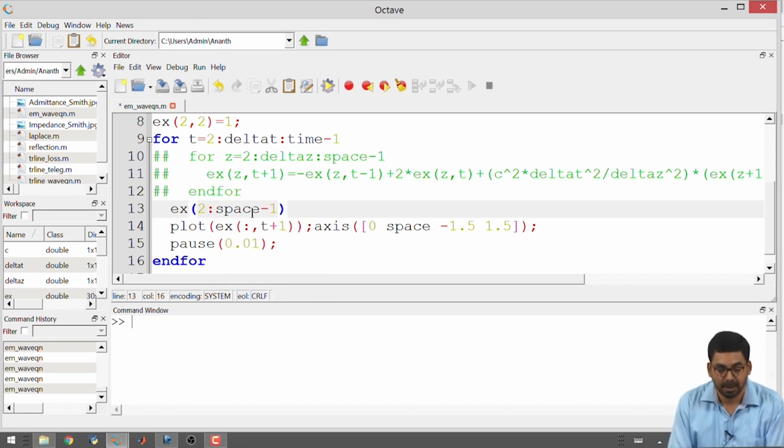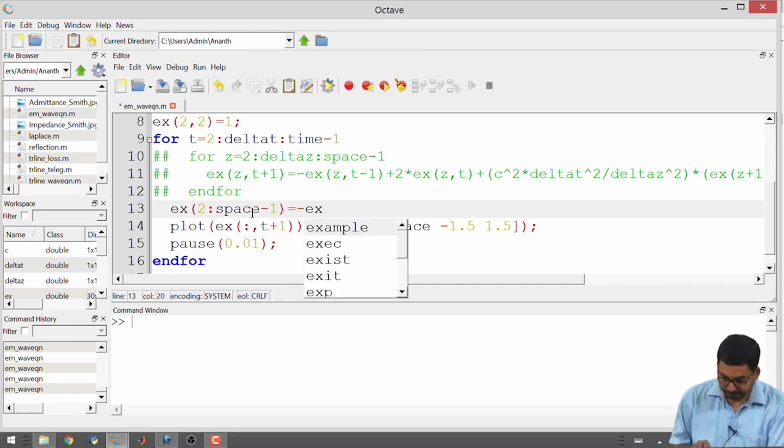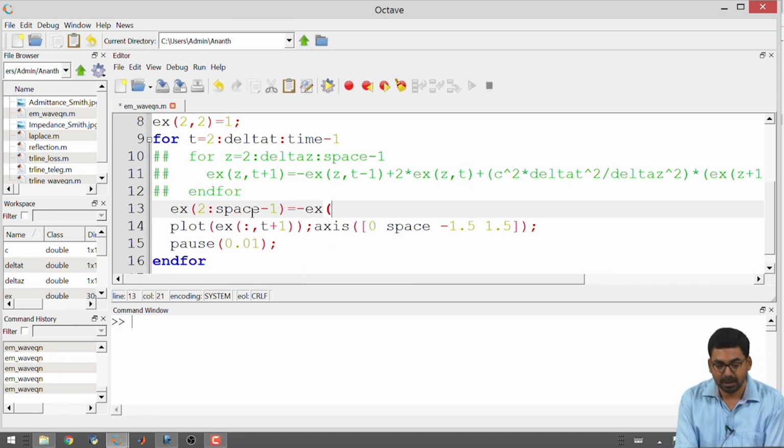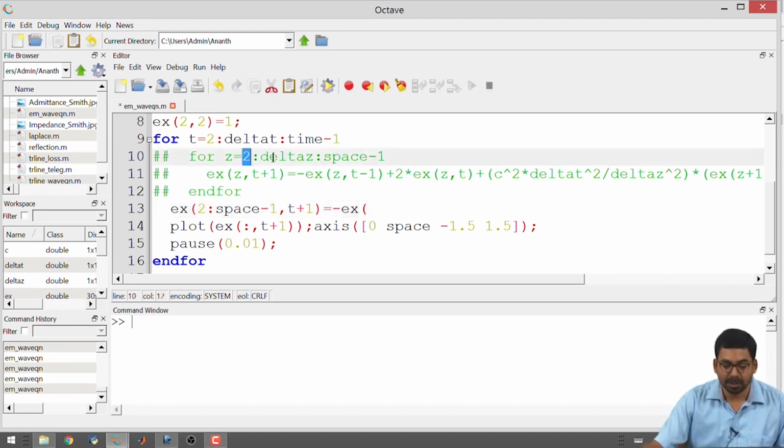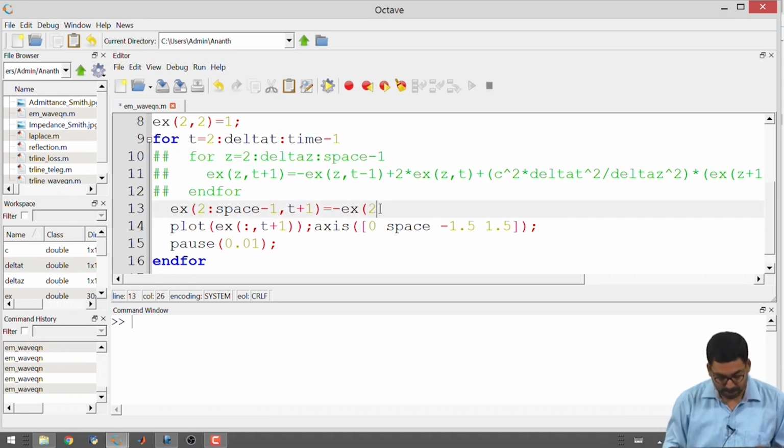is equal to, on the right hand side I have minus Ex of z comma, oh I missed the t plus 1, z. Once again instead of z I will substitute whatever is present in the definition of the for loop for z. So I will just take this and plug it in over here.